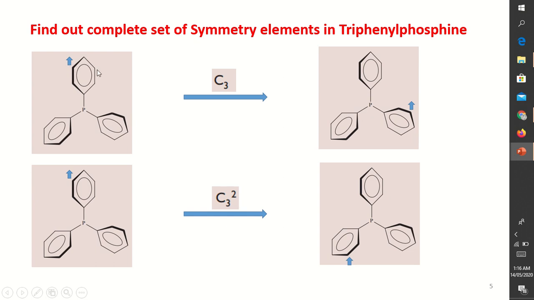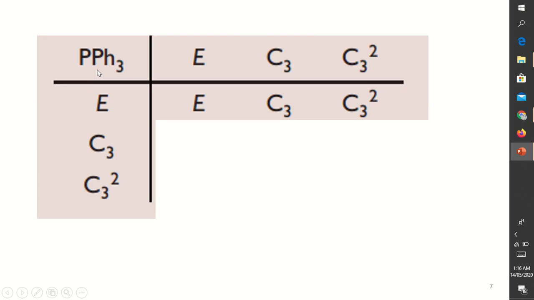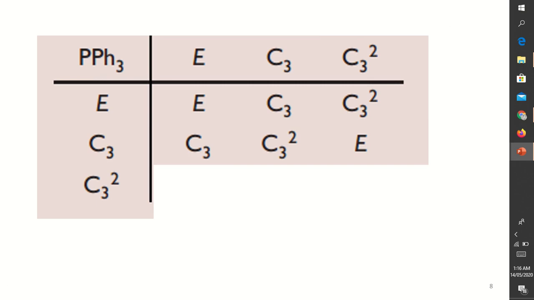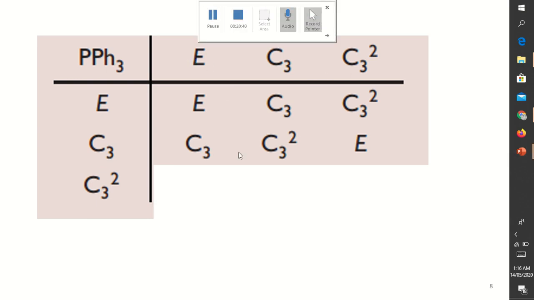So C3 multiplied with C3 twice is equal to identity. So we can say this is the complete set of symmetry operations of C3 with the rest of the symmetry elements of this molecule.